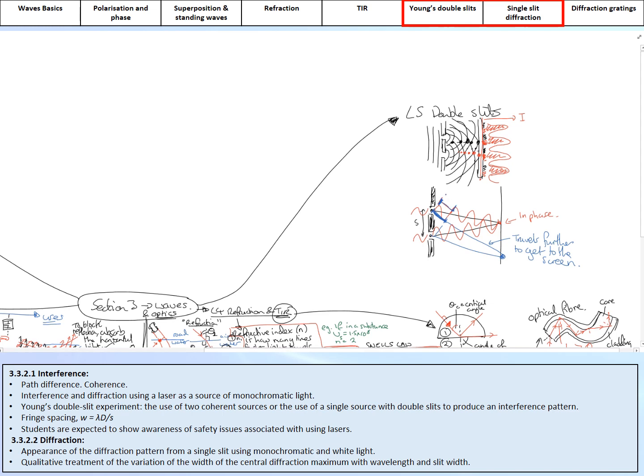That length there is called the path difference. It's the distance that the light from the top slit travels further than the light from the bottom slit. So if we want to get constructive interference, that has to be a whole wavelength. And then those two waves are in phase.